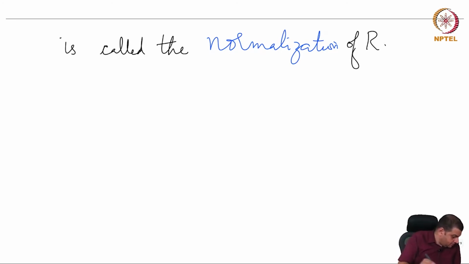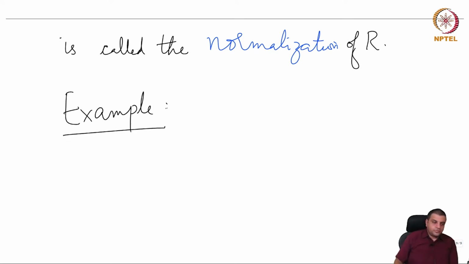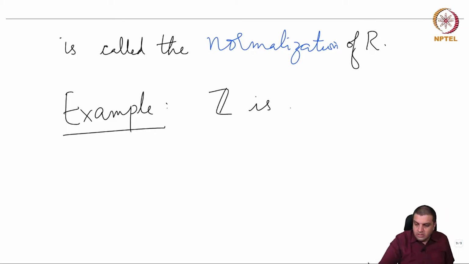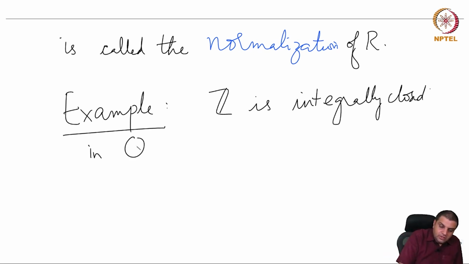Z is integrally closed, and the field of fractions of Z is the rationals, so it's integrally closed in Q. How do we do this?